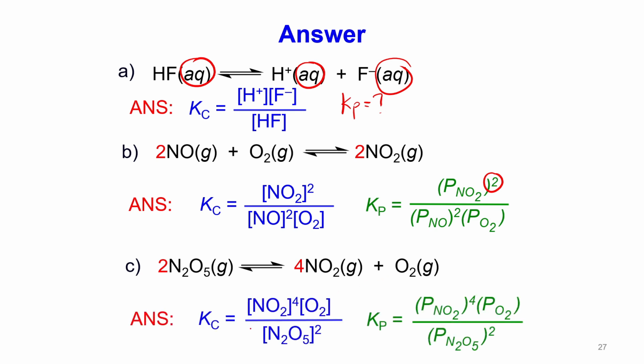So this one is for Kc: concentration NO2 power of 4, and then oxygen power of 1, N2O5 power of 2. Then for Kp, partial pressure of NO2 power of 4, P oxygen over PN2O5 square.